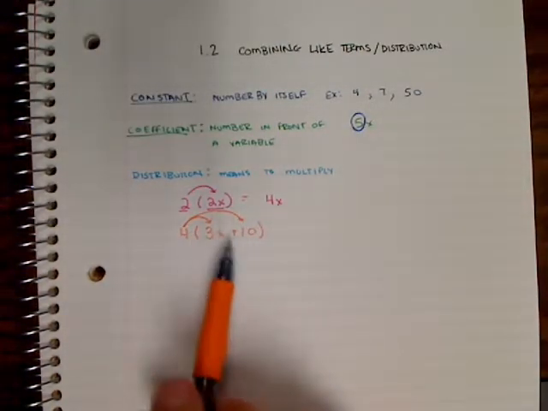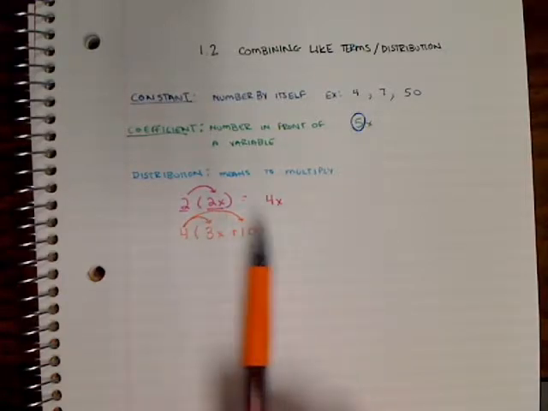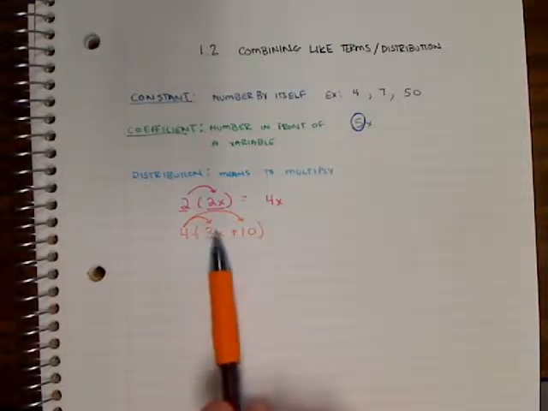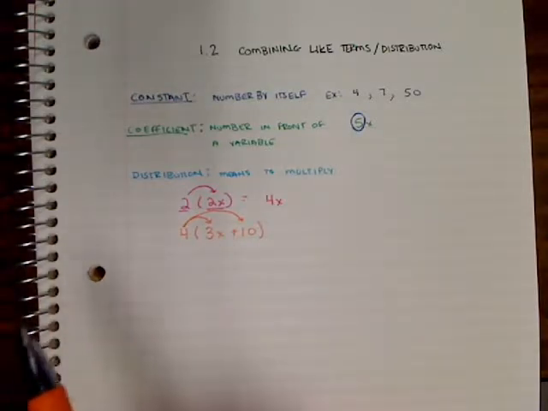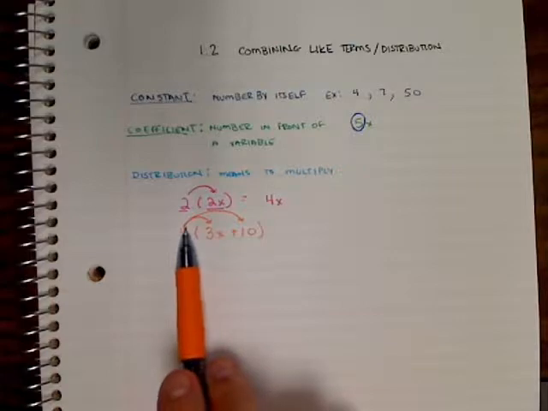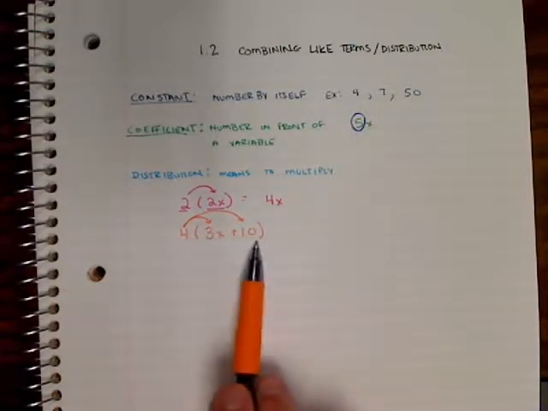This is where distribution can get confusing, and this is where you see the number one mistake: people usually, if they do make a mistake, only apply this constant to the first number. It's got to apply to everything. It's like if you had a mailman going down the street. The mailman's going to hit every single house. He's not going to hit this house and then skip this house.